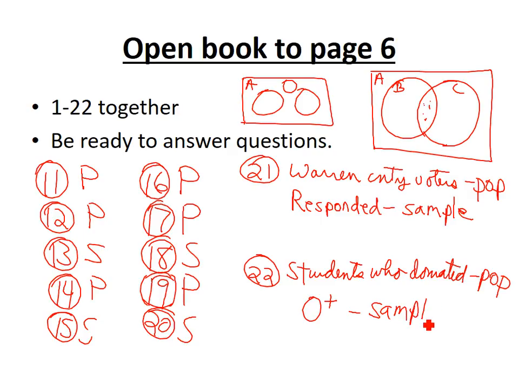Anybody got O positive blood? You do? Isn't that like the hardest one, or the one that's the most useful? O positive is the one you can give to anybody except an O negative.